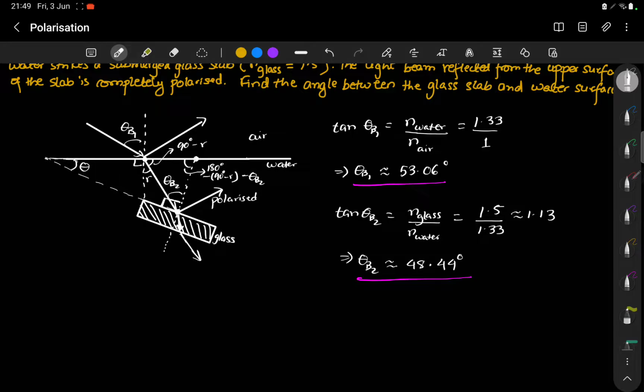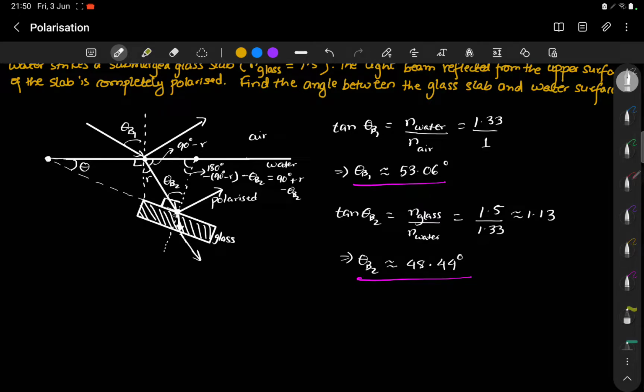So we can find out this theta now by considering this point and this point as the triangle. And this angle is already 90 degrees. So the sum of this theta and this angle needs to be 90 degrees. So let me first simplify this angle. This is 90 degrees plus R minus theta B2.